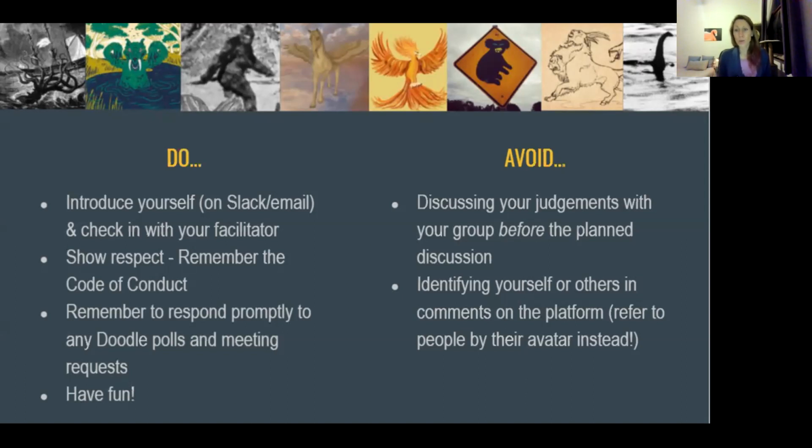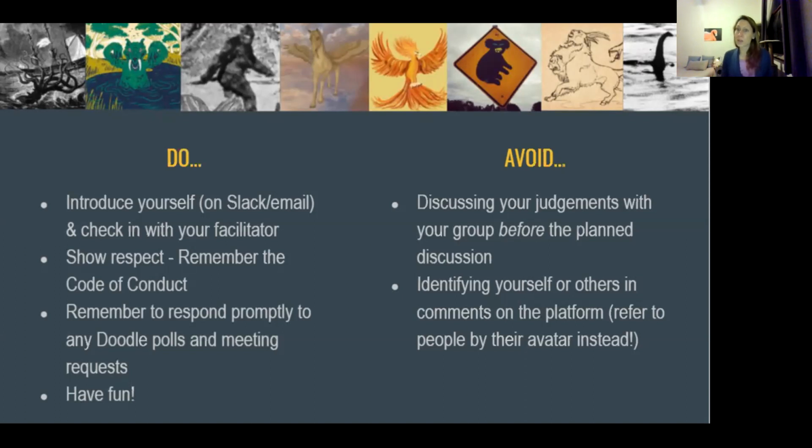What we want you to avoid is discussing the judgments that you've made privately with your group members before the discussion happens. Those round one judgments are supposed to be private judgments. You can discuss this with a colleague, or you can look up some things online to help you make those judgments about that particular paper, but don't discuss it with your group members just yet, because they have to be able to make their own private judgments as well.